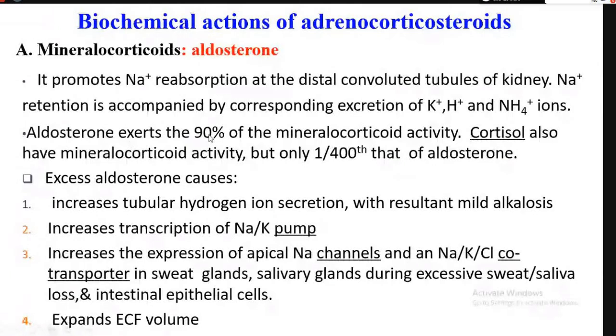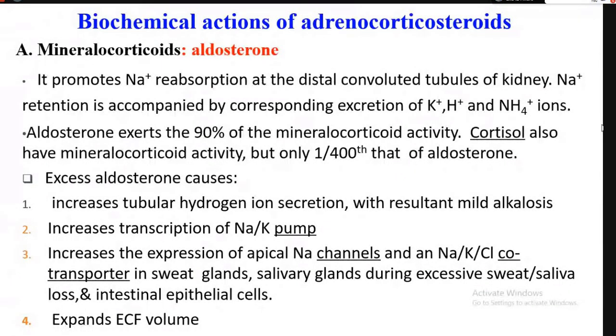Aldosterone exerts 90% of the mineralocorticoid activity. Cortisol also has mineralocorticoid activity, which is 1/400th. This potency is very small, 400 times less than that of aldosterone.